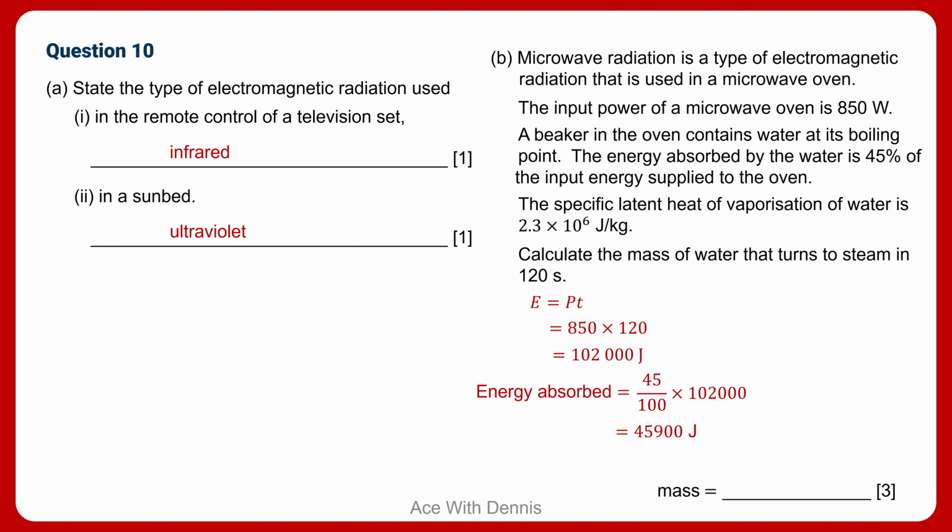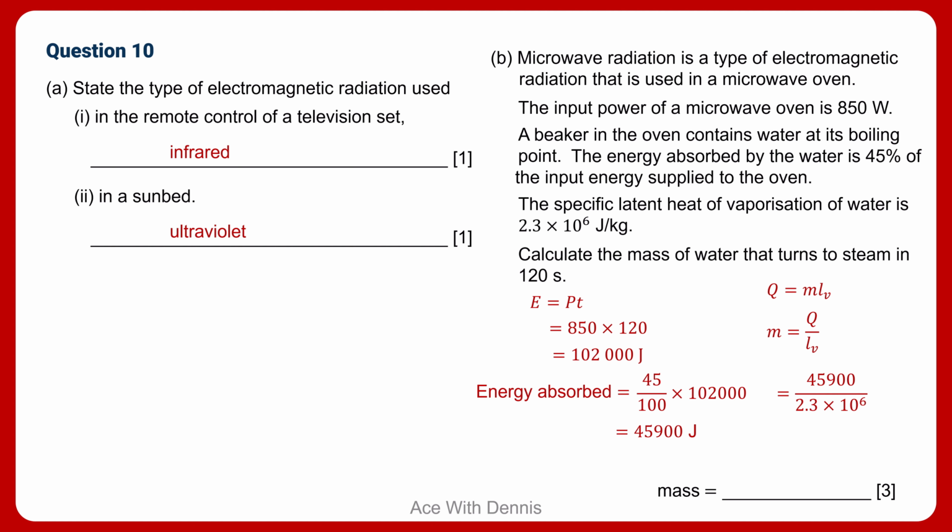Then using the formula to calculate the specific latent heat of vaporization, Q equals m L_V, we can calculate the mass of the water that is changed into the steam. So m equals Q over L_V. Substitute the values.